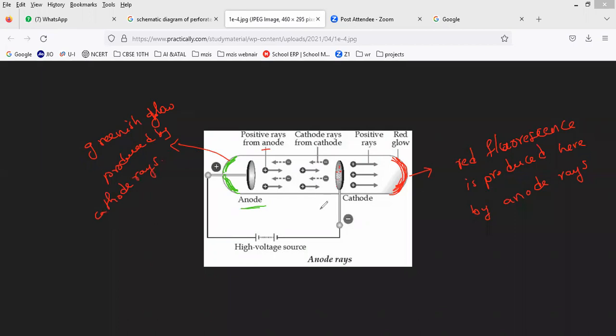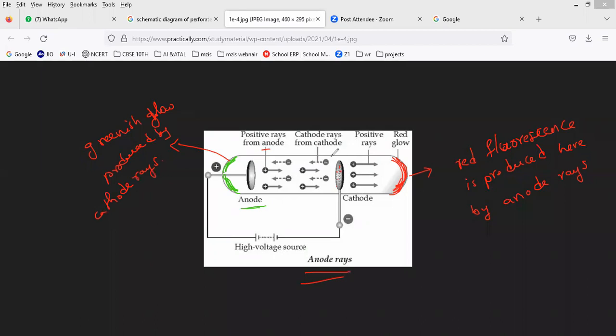A scientist called Eugen Goldstein used a perforated cathode to produce these anode rays. Instead of a normal cathode, he took a cathode having holes or canals.